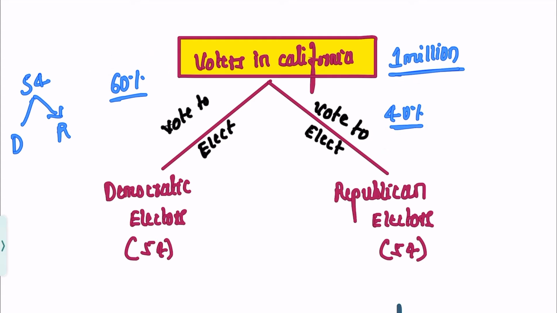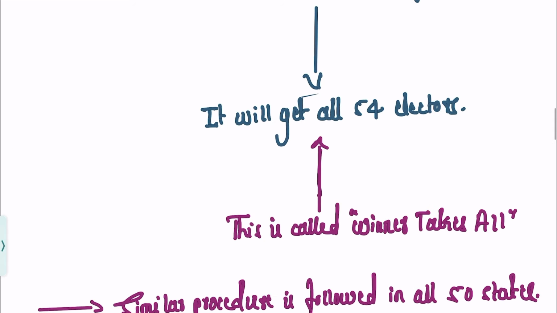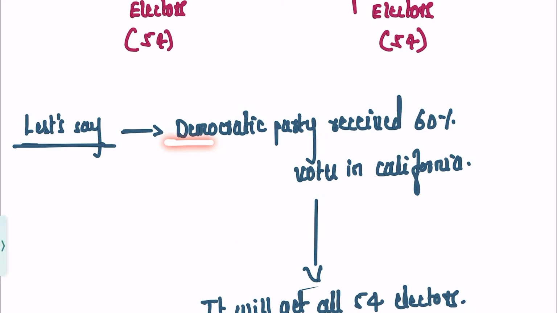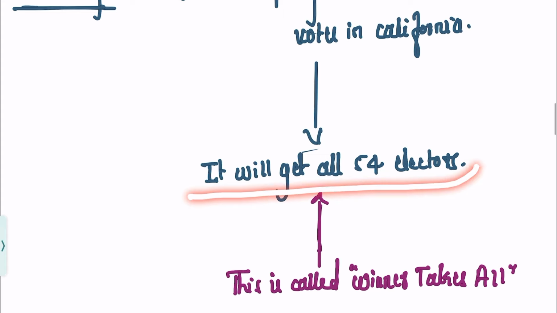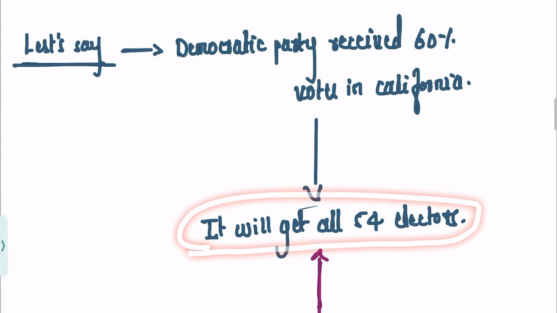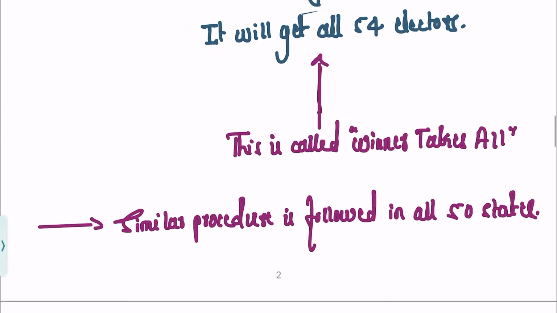No, any party which secures the majority will get all the votes of the electors from that state. You getting it? So this is called winner takes all. Because the Democratic Party received 60% of the vote in California, it will get all 54 electors. Okay.